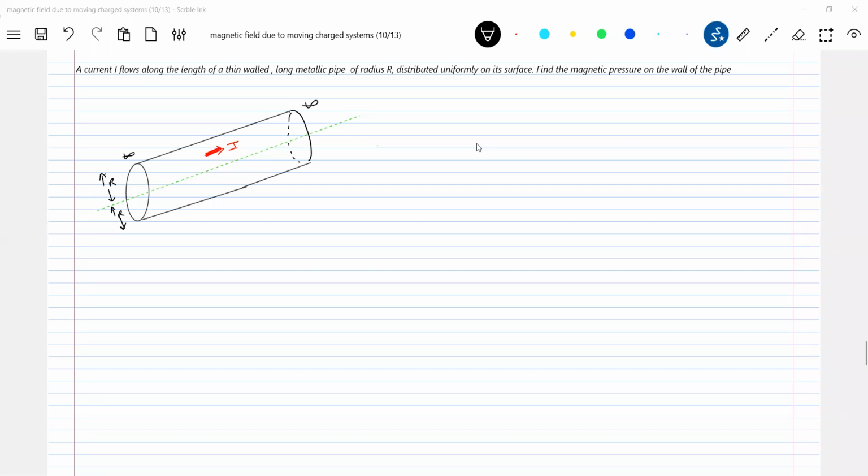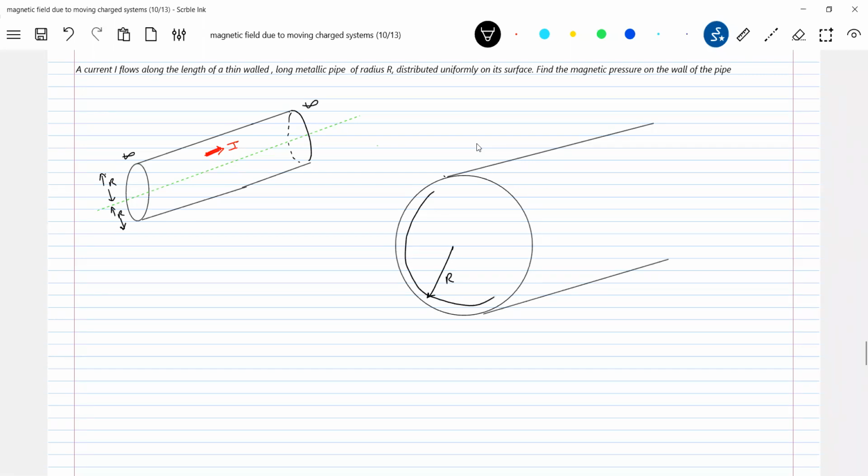So how is the current flowing? I'll assume a pipe of radius R. The current flows on the surface, no?